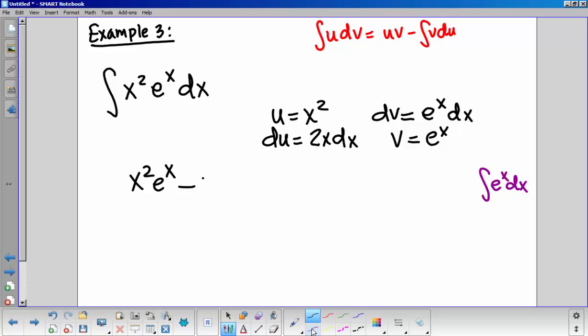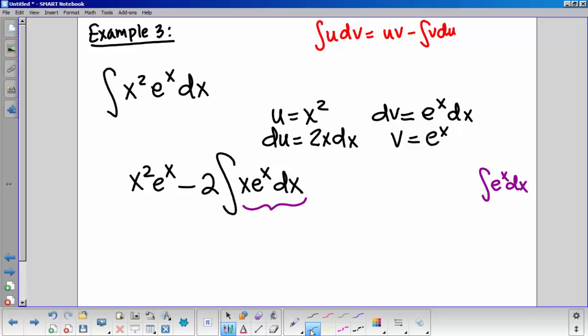So I'm going to just bring the negative 2 out in front of the integral of x e to the x dx. Well, is this another one? Oh, you have to do it again. You've got to do it again.